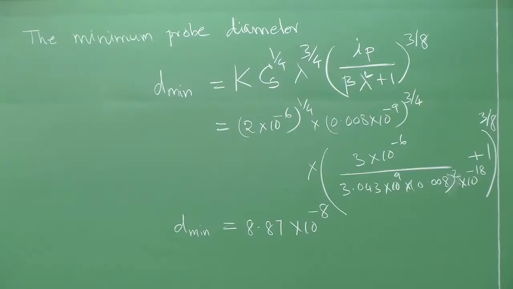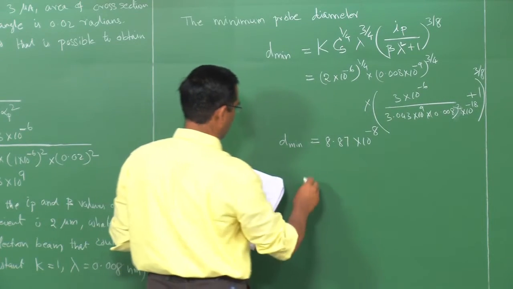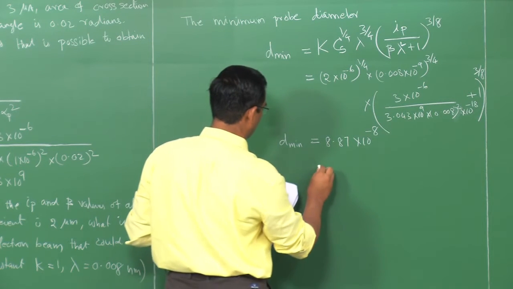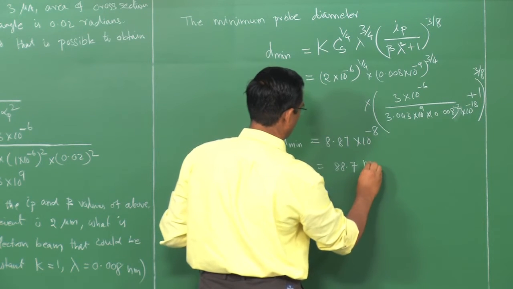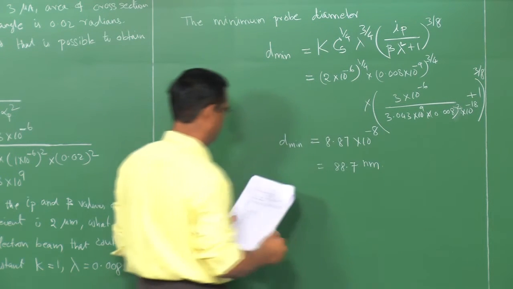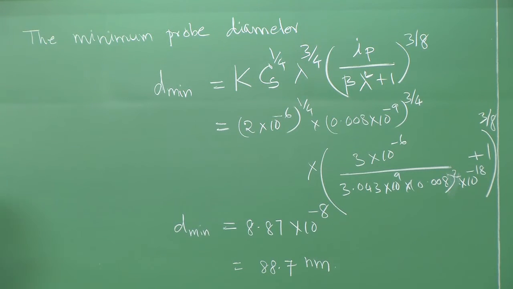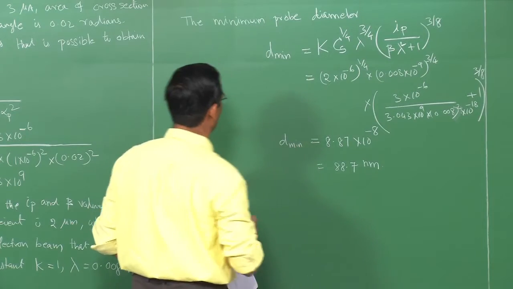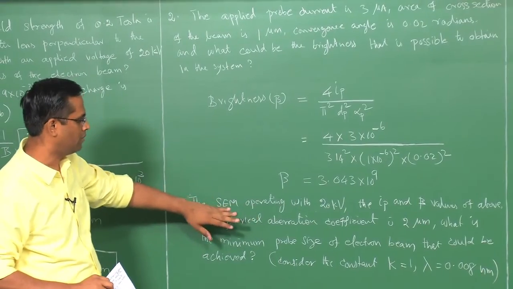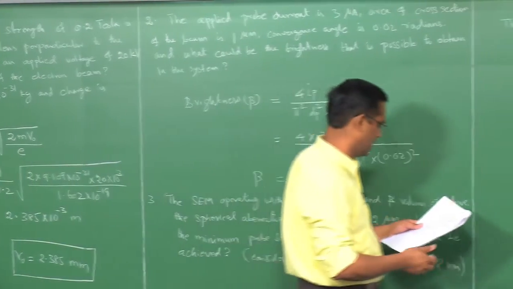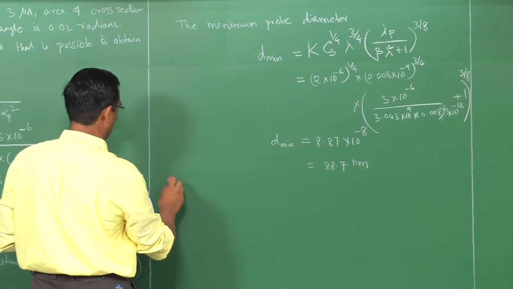I request you to check this with your own calculator, or we can simply say 88.7 nanometer. So, this is the final minimum probe size we can get if the SEM operating parameters are in this range. We will solve another simple problem.